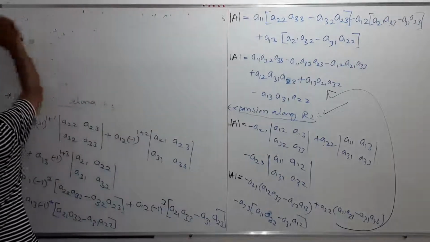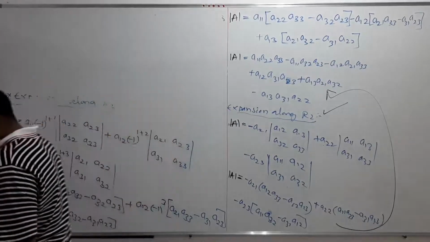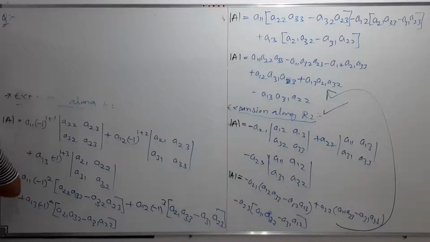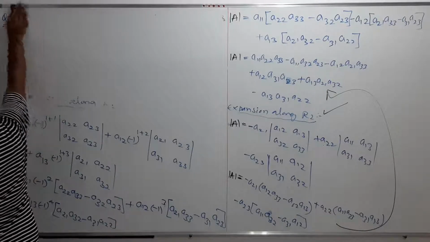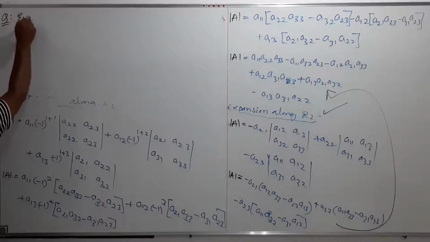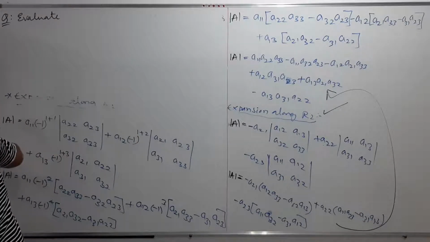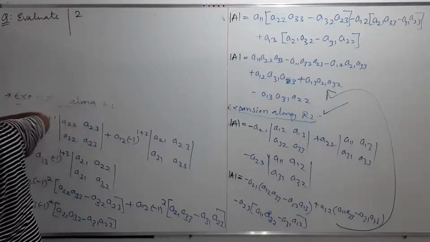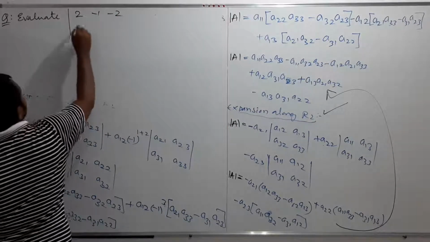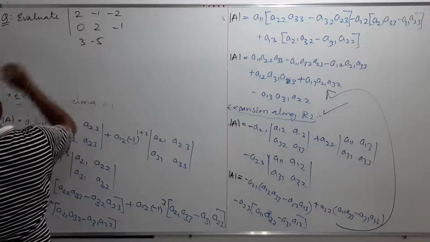So write down the question. The question is, evaluate the determinant of the matrix with rows 2, minus 1, minus 2; 0, 2, minus 1; 3, minus 5, 0.